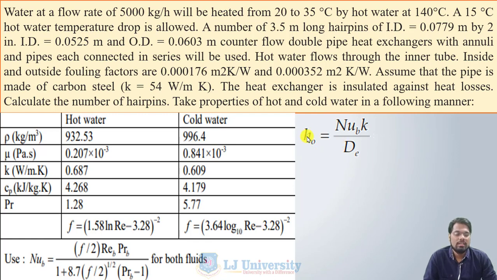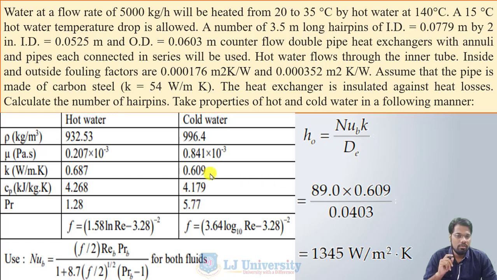Now the Nusselt number is equal to hLc by k, and here our characteristic length is the equivalent diameter. So ho is equal to Nu times k divided by De. The conductivity is 0.609, so the value of h is 1345 watt per meter square Kelvin.